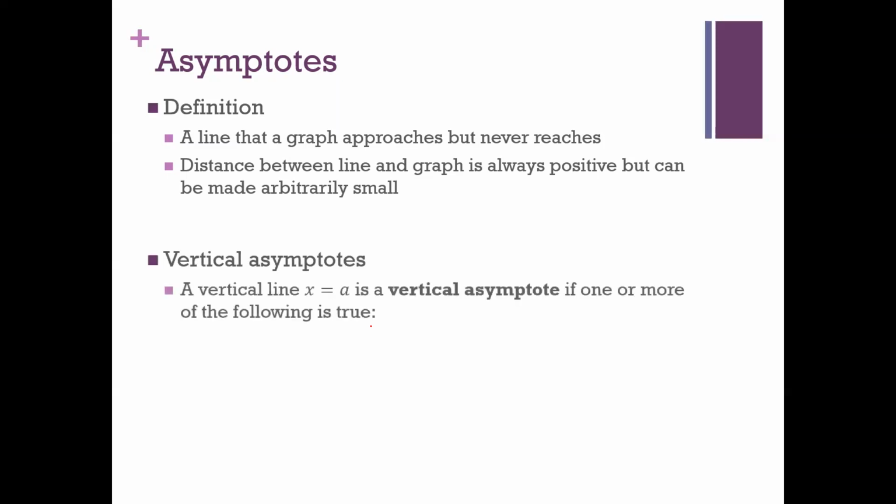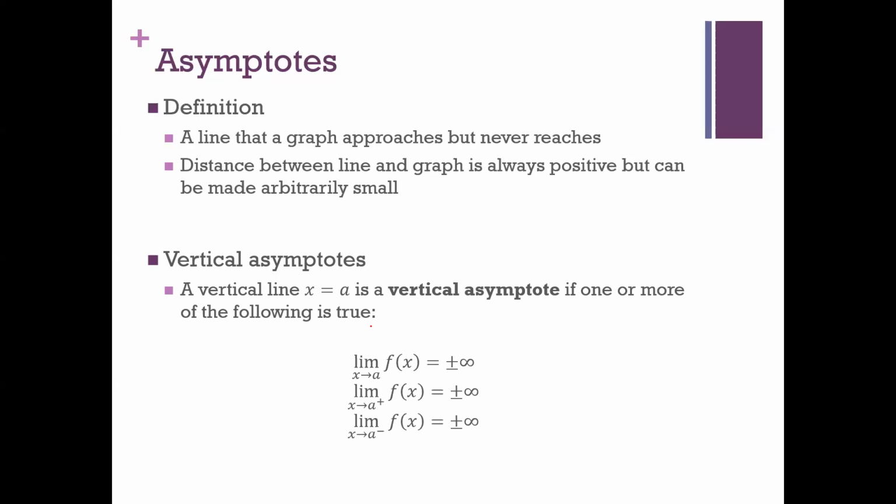So vertical asymptote, some x equals a line. You're going to have a vertical asymptote if one of these is true. If your limit as x gets closer to a of some function is, it does not matter if it's positive or negative infinity, you're going to have a vertical asymptote in either case. Or if it's just a one-sided limit.